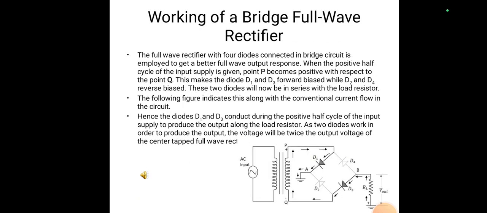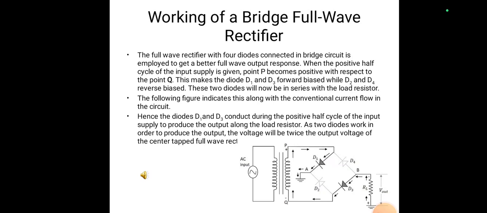In this diagram you can see the working of the full wave bridge rectifier for the positive half cycle. During the positive half cycle of the AC input, point P of the secondary of the transformer becomes positive with respect to point Q. That means P becomes positive and Q becomes negative.